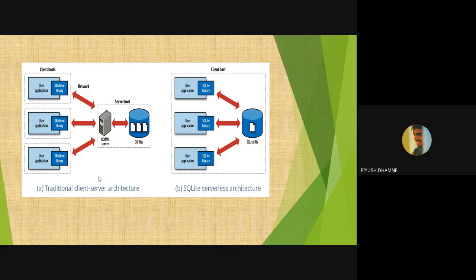There is no server involved in SQLite's architecture. The entire database, all tables, indices, triggers, views, is stored in a single file. By eliminating the server, SQLite eliminates complexity. There is no need for multitasking or inter-process communication support from the OS.